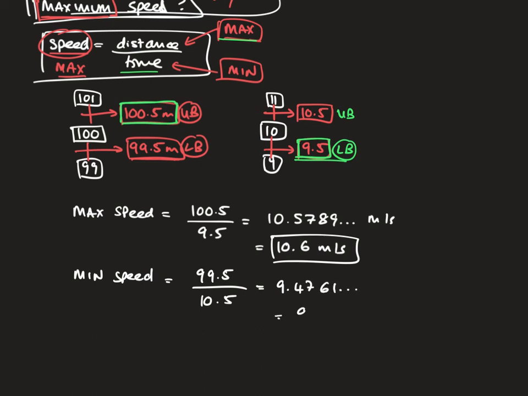To three significant figures, that's 9.48 meters per second. So you can see that there is quite a dramatic difference between our maximum speed and our minimum speed, just because of the errors in the measuring of the time and the distance.